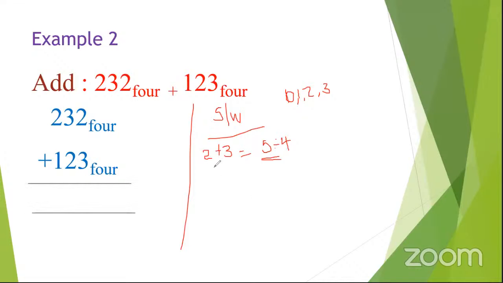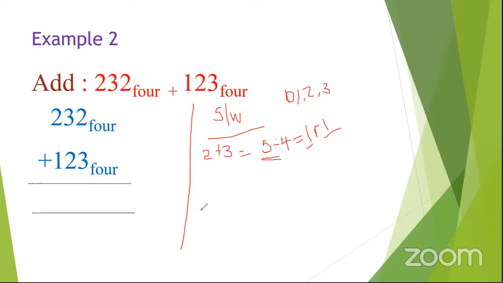Whenever you add and get an answer beyond the given base, you divide it by the base given, and this will give you 1 remainder 1. So we shall have one whole number, remainder 1.